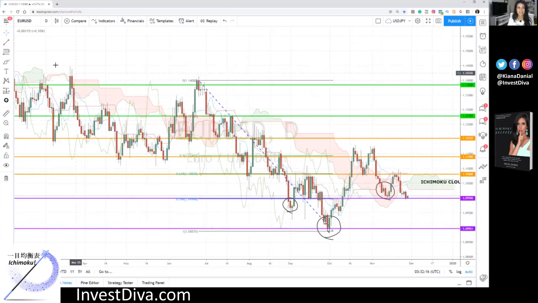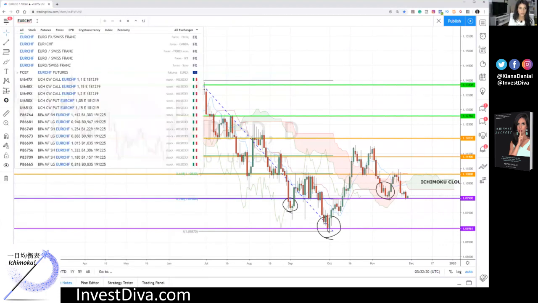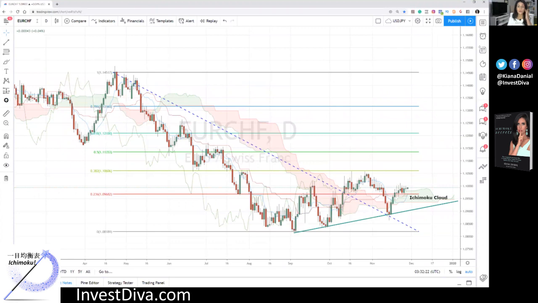But because this is kind of different than Euro Swissy, what we understand from comparing these two euro crosses is that the quote currency, which in this case is the Swiss franc, and with euro dollar, the US dollar, is going to be very powerful in determining the fate of these euro crosses, both euro Swissy and euro dollar.